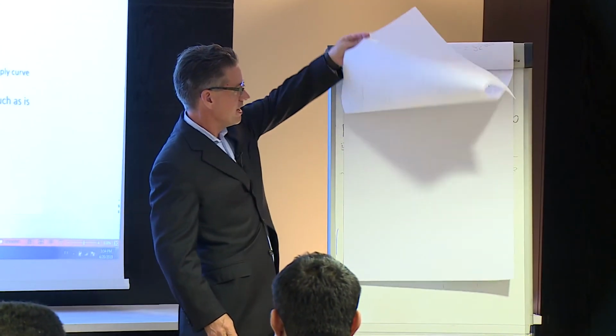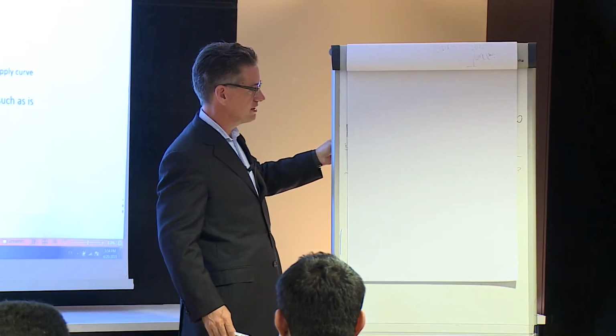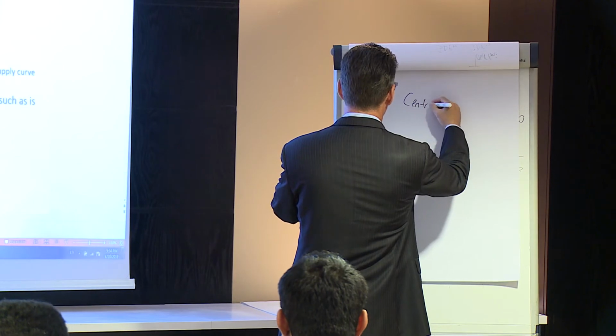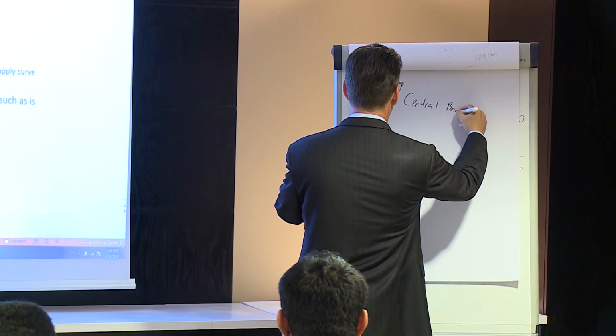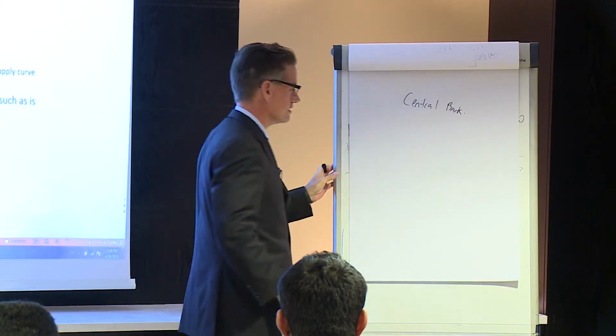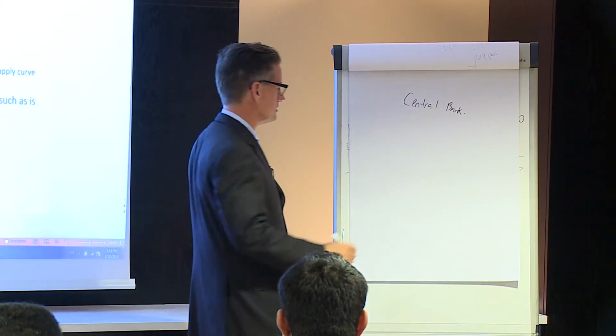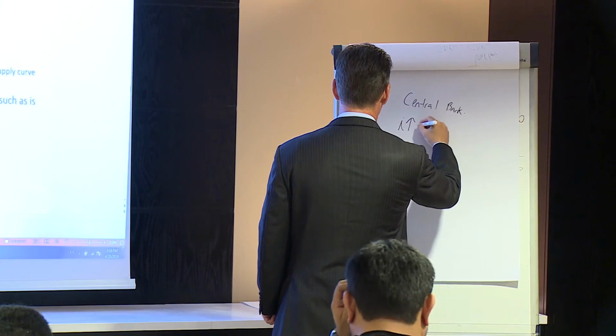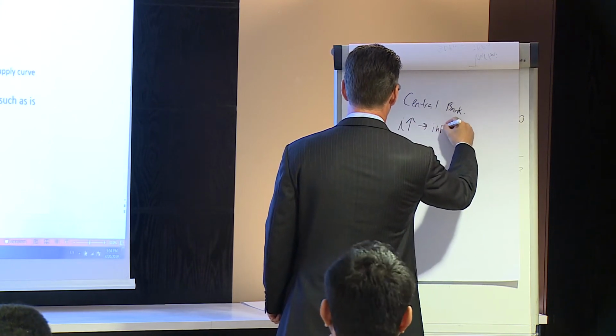Yeah, so the way this can come about is it relies on the central bank. So the central bank's job is to contain inflation. The way they do that is to raise interest rates, right? And when interest rates are raised, inflation will go down.